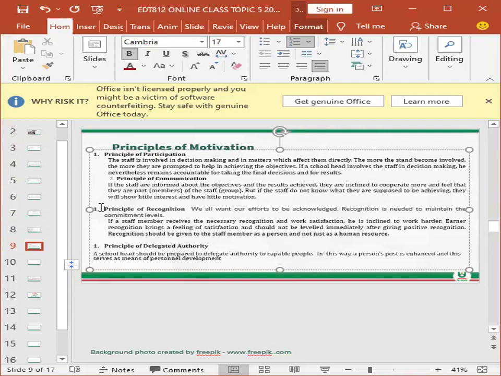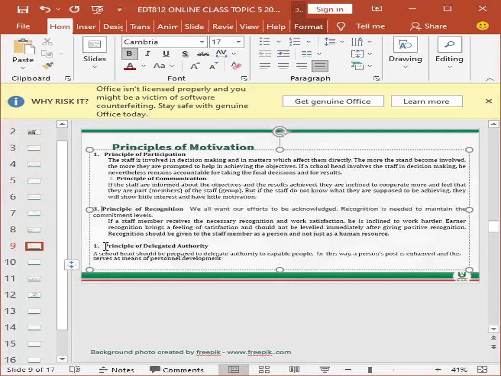Recognition should be given to staff members as a person and not just as human resources. It is very important that recognition should be given to staff, so that the commitment level of staff is maintained.